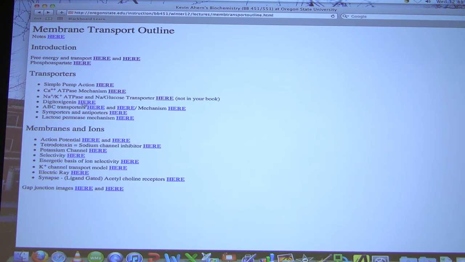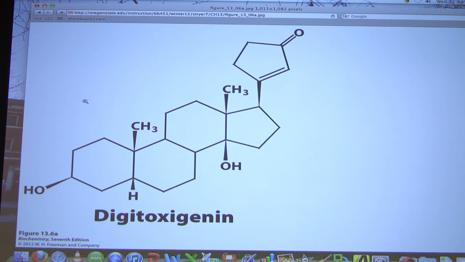I want to tell you about a cool molecule, digitoxygenin. Digitoxygenin is something that's made by foxglove, and it is a nasty compound if it's not used properly.